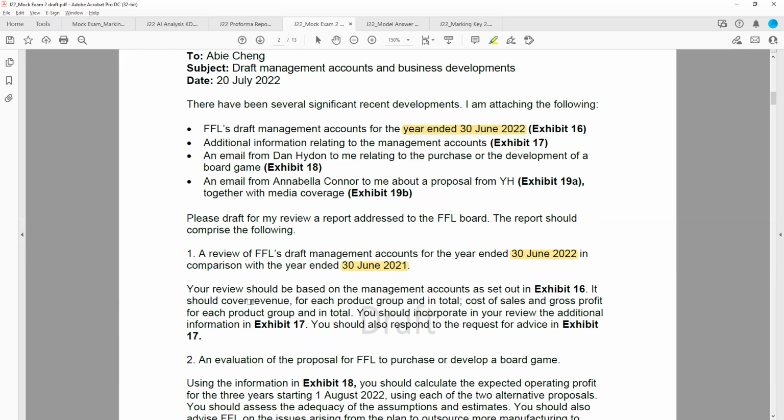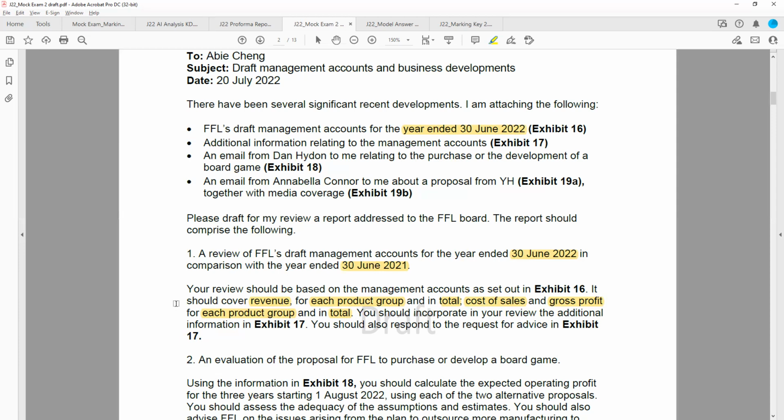It should cover revenue for each product group and in total, cost of sales, gross profit for each product group and in total. So very important that we focus on exactly what the examiner has asked for, as this will enable us to decide where to focus our analysis.